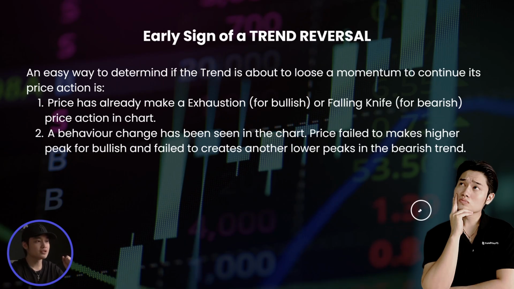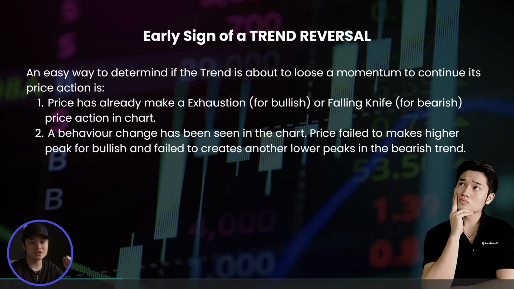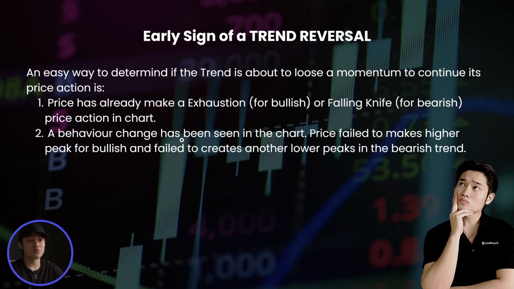And then number 2 is a behavior change. A behavior change has been seen in the market: price failed to make a higher peak for bullish and failed to create another lower peak in the bearish trend. It should be like this. For the bullish side, okay, the price failed to make another higher peak like this.